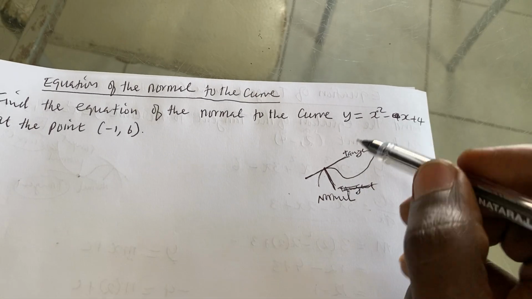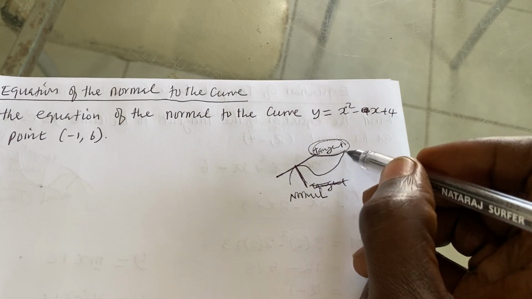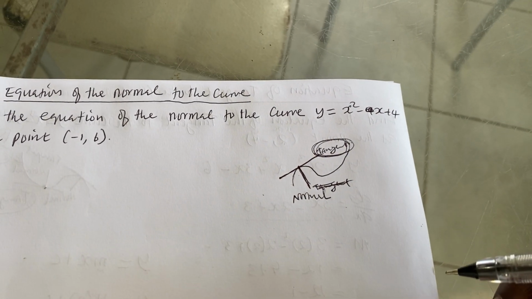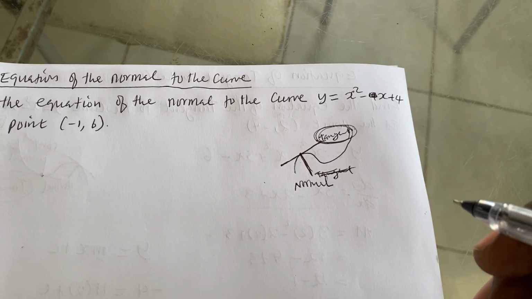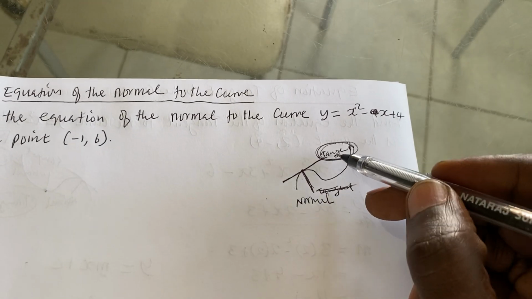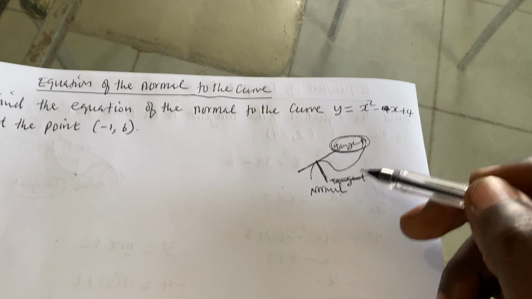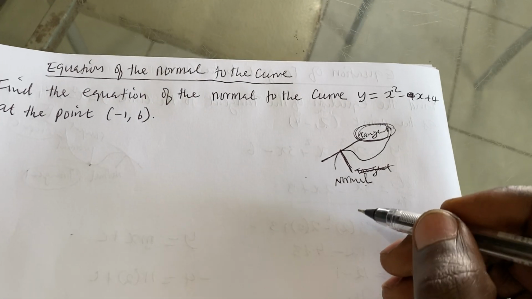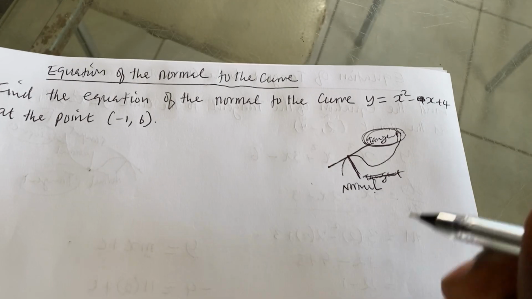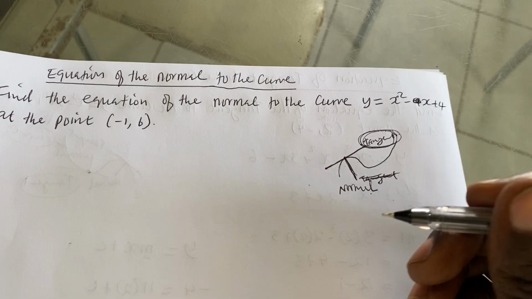Last time we learned how to find the gradient of the tangent. So now, what's the relation between the tangent and the normal? These two are perpendicular. For perpendicular lines under coordinate geometry, we say that if two lines are perpendicular, the product of their gradients is equal to -1.